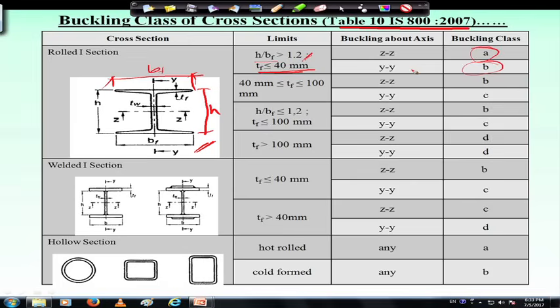Here you see that the buckling class about y y and about z z is different. This is the z z axis and this is the y y axis.